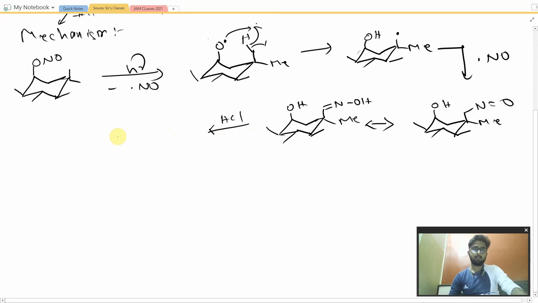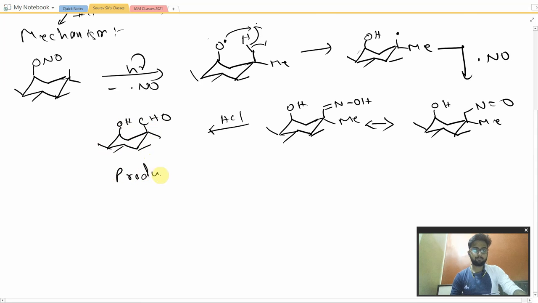If you hydrolyze, this C will be there as it is, and this NOH will be removed, and O will be attached, giving CHO. So here CHO, OH, and the other groups will be remaining there as it is.